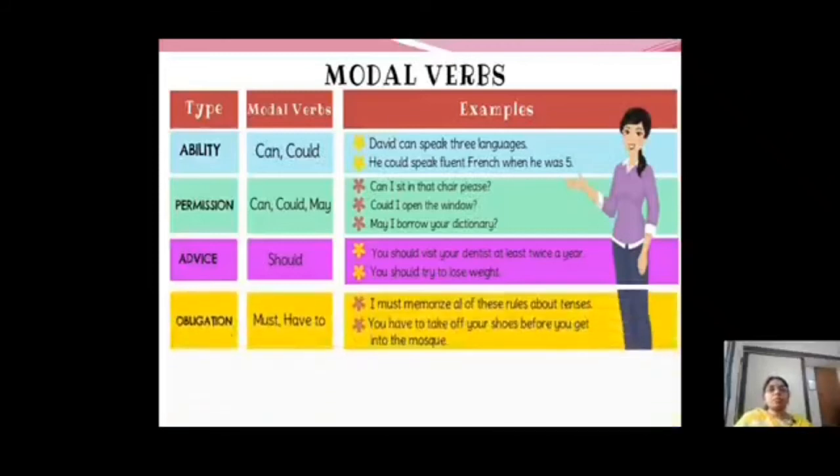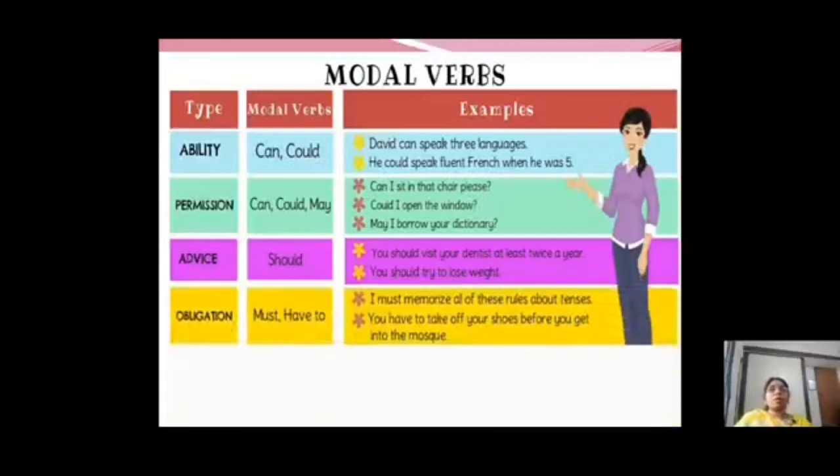Next comes what? Obligation. What is meant by obligation? Take your dictionary. Very good. Have taken. Fantastic. So now tell me the meaning of obligation. After this video, you have to post what is the meaning of obligation. The modal verbs used are must and have to.